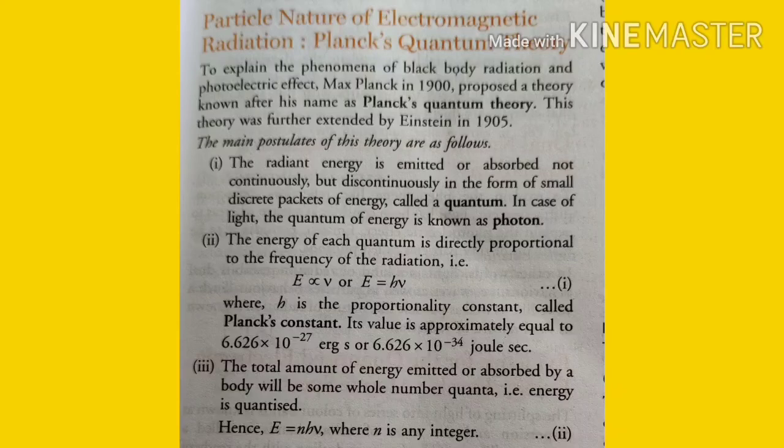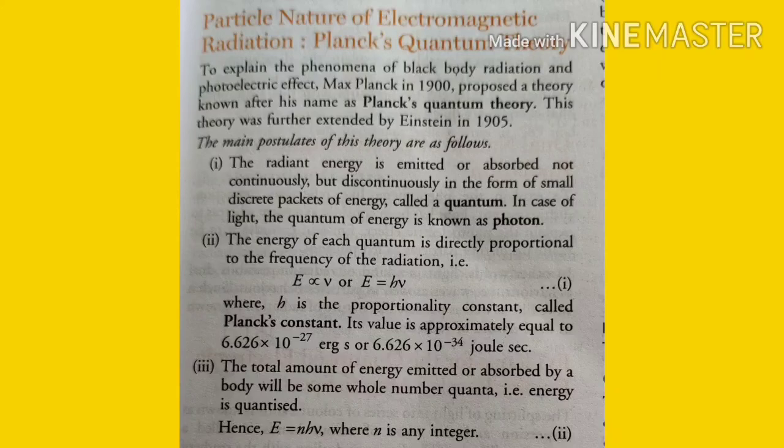Now the second point: the energy of each quantum is directly proportional to the frequency of the radiation. The energy which is absorbed is directly proportional to the frequency of the radiation.